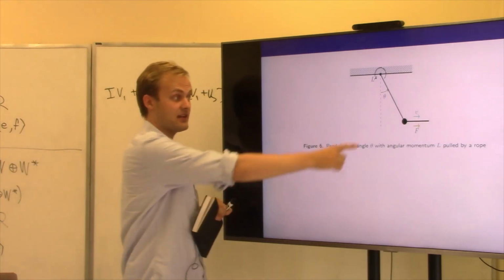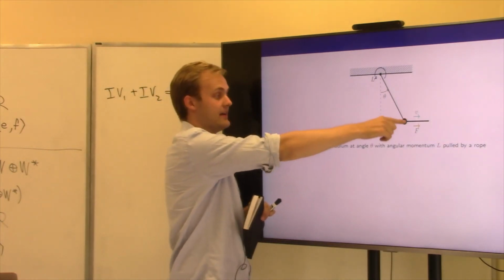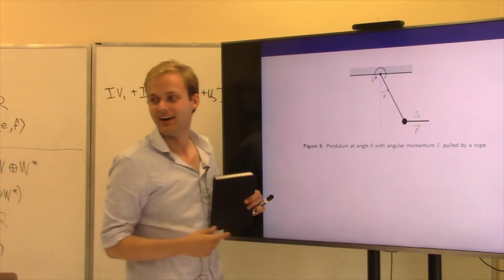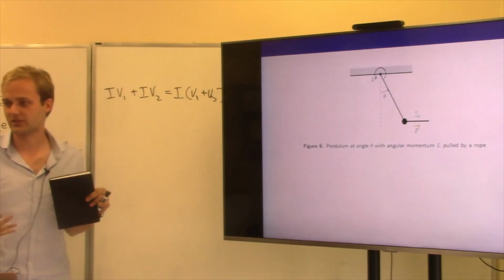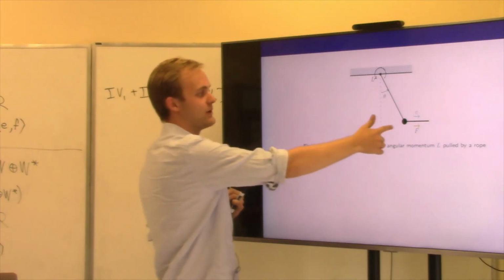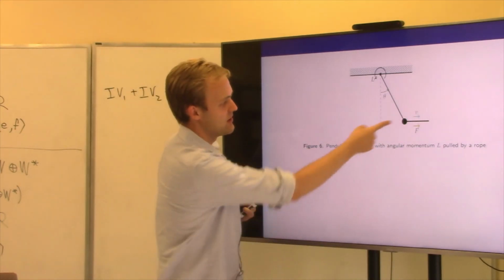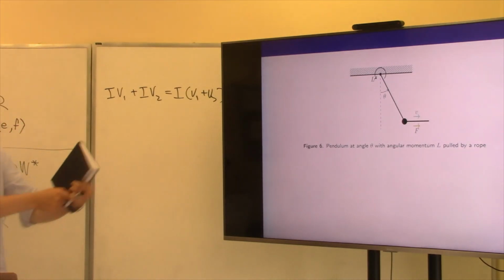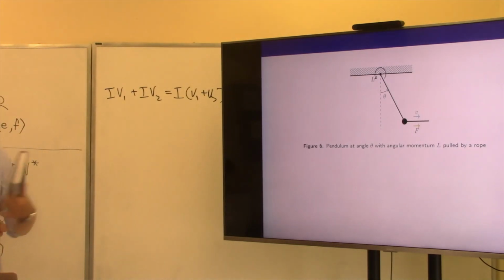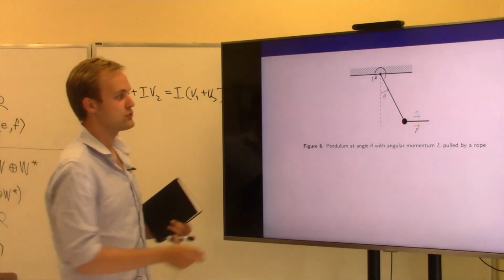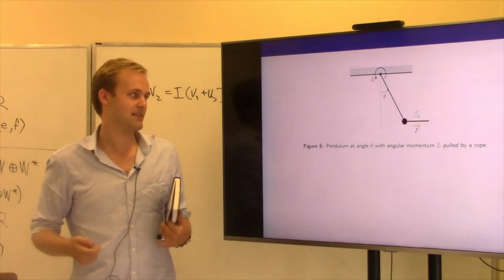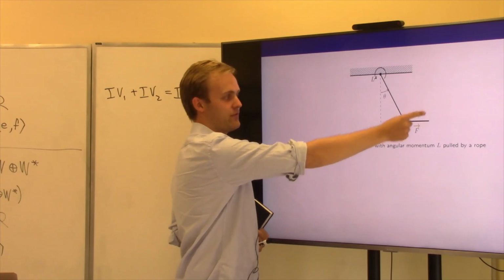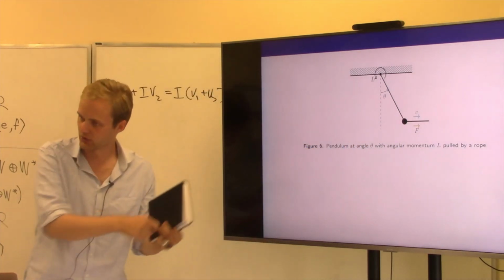But if you disconnect this from everything, it'll swing. So there are some internal dynamics, but there are also external dynamics. So imagine here you have a pendulum and a rope, and you can pull on the pendulum and speed up the pendulum. So you're putting energy into that system by exerting force at a certain velocity. You're doing work on the system.